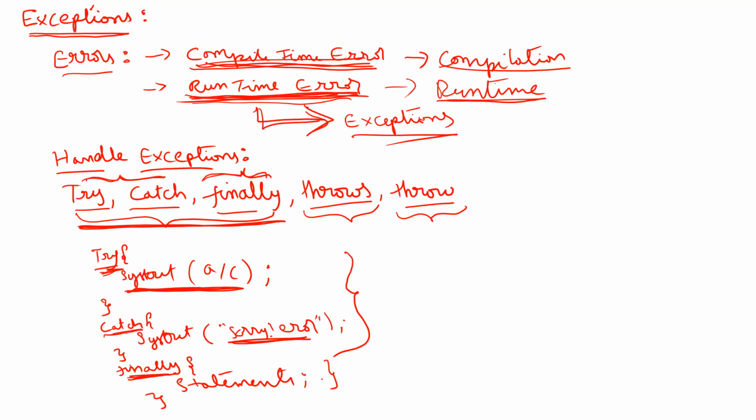For example, why do we use a finally block? It is used if you want to close some database connections, or close some files and all those things, then we can write the code within this finally block. So this is about try, catch and finally.